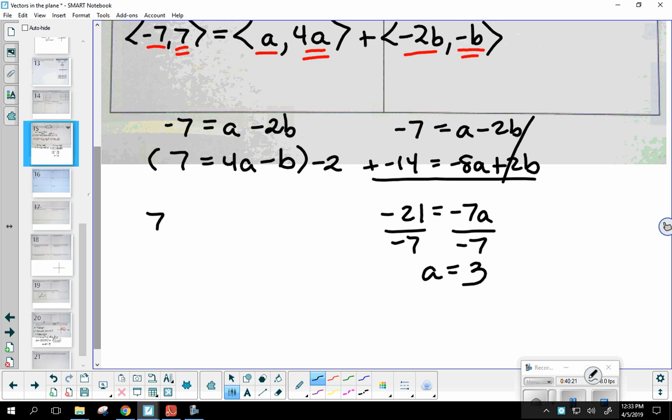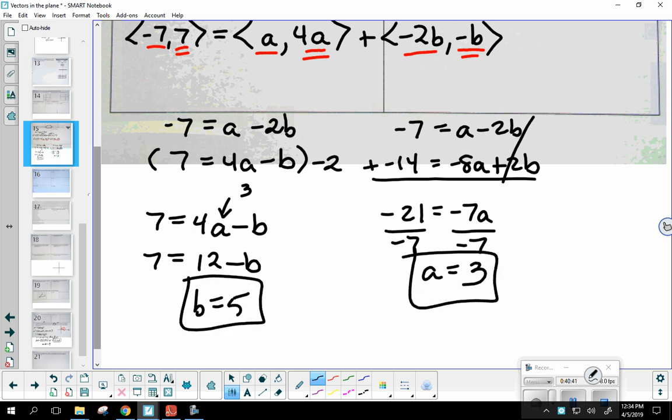If I know that 7 equals 4A minus B, and we just found that A is 3, 7 equals, what's 4 times 3? 12 minus B. Well, 12 minus what is 7? 5. So B is 5. This one just incorporates an old idea you would have seen in Algebra 2. That just means it's fun.